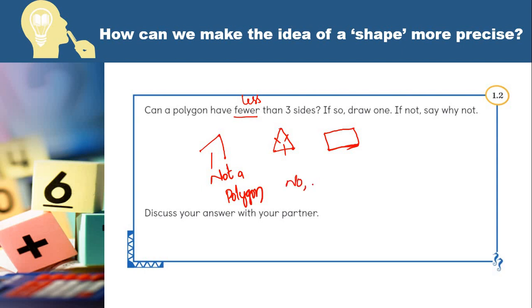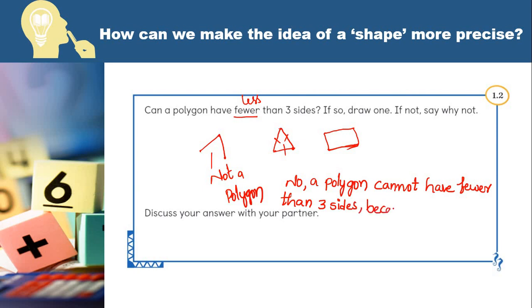No. A polygon cannot have fewer than 3 sides because it takes at least 3 sides to form a closed figure.